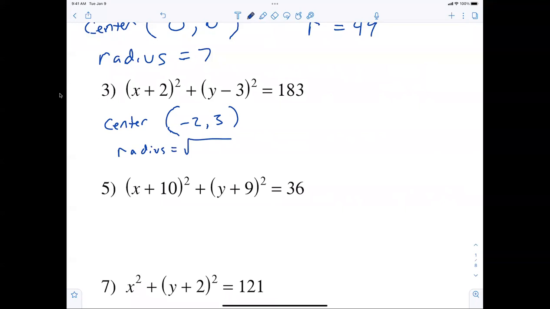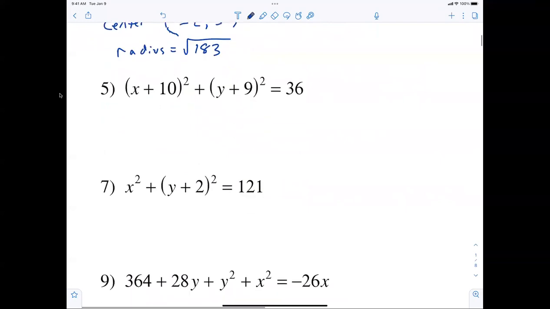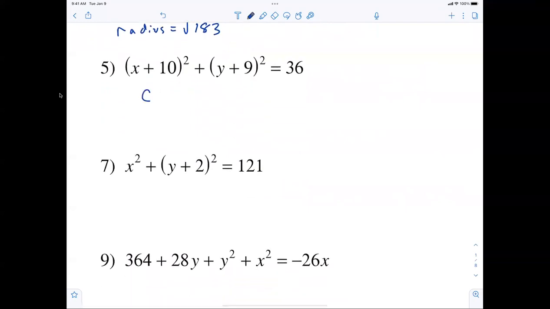And then, of course, we just say the radius is equal to what? The square root of 183. Anybody have any questions with that? I told you, very easy. So number 5, we would say the center again is what? (−10, −9), and the radius, of course, would equal 6.